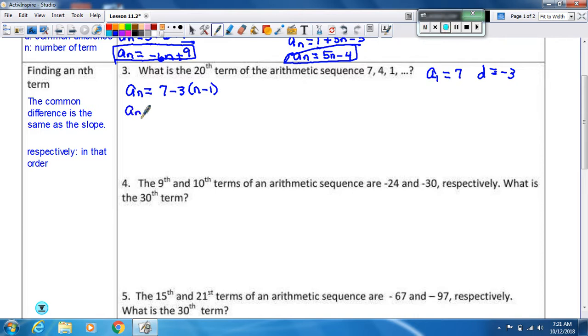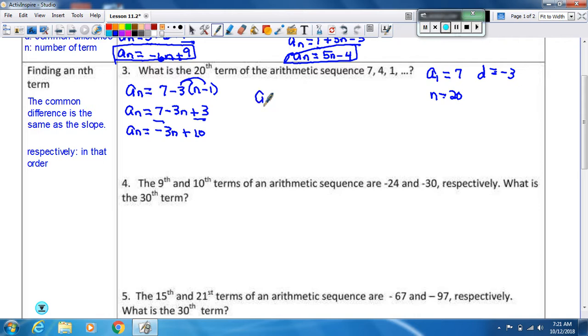So a_n, use the distributive property. 7, negative 3 times n is negative 3n. Negative 3 times negative 1 is a positive 3. So I've got a_n equals negative 3n plus 10. Okay, that's the formula, but now they say find the 20th term. So n equals 20.